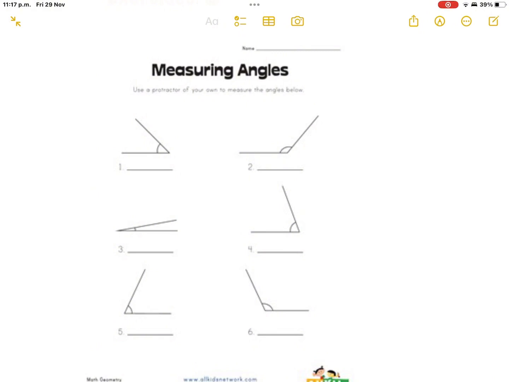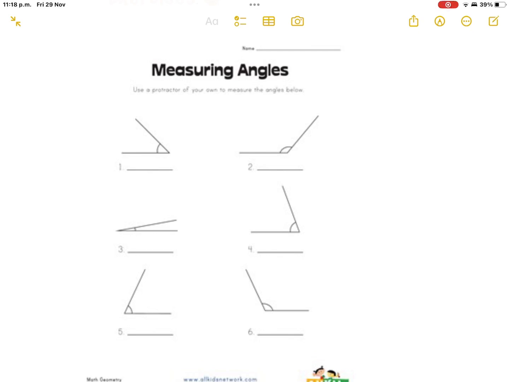Because it measures more than 90 degrees, we can know that it's an obtuse angle. The third one is an acute angle because it measures 10 degrees, which is less than 90 degrees. The angle number 4 measures 73 degrees. That's why it is an acute angle.